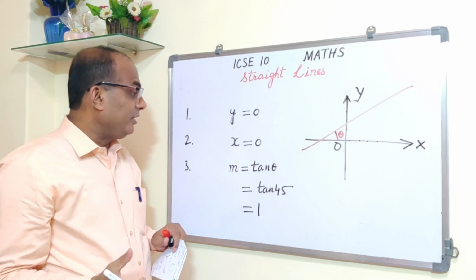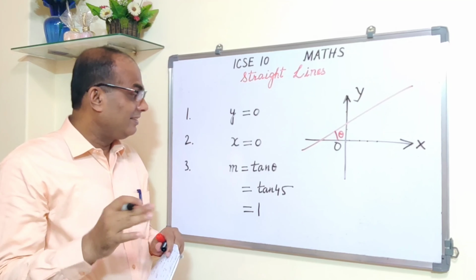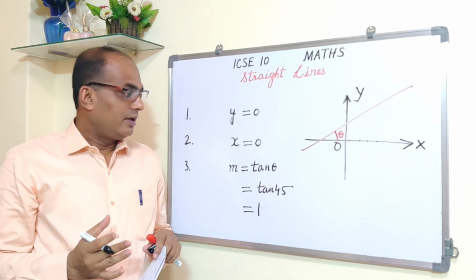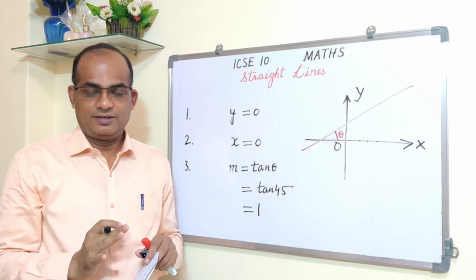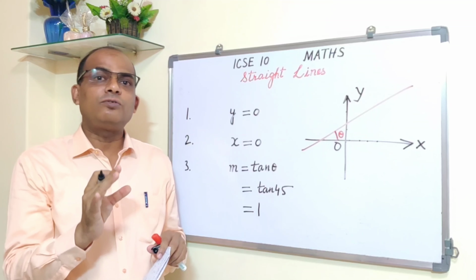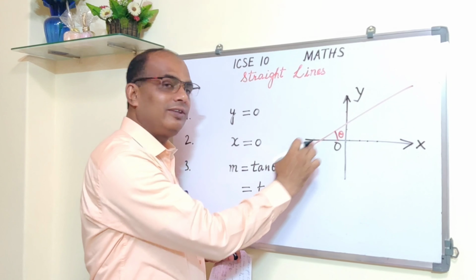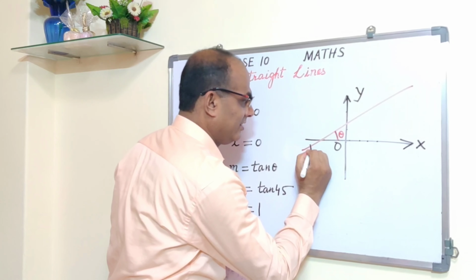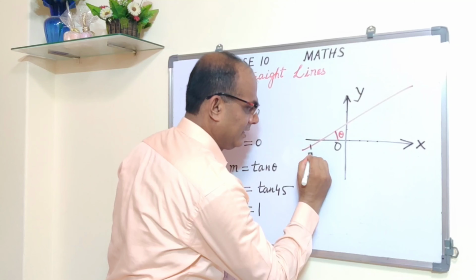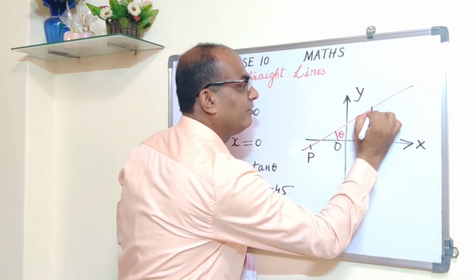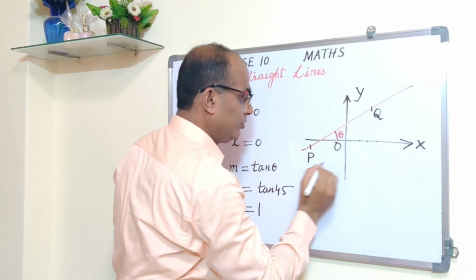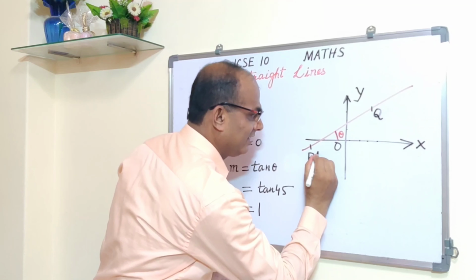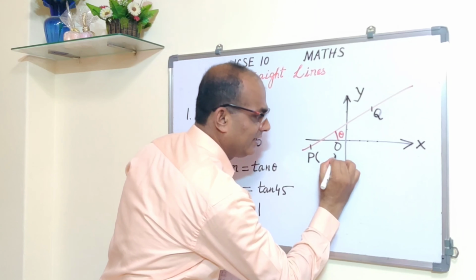The second situation is when 2 points are given, the coordinates of 2 points. 2 points are there on the line. Suppose one point is here, we call it P. Another point is here somewhere and we call it Q. And the coordinates of these 2 points are given.